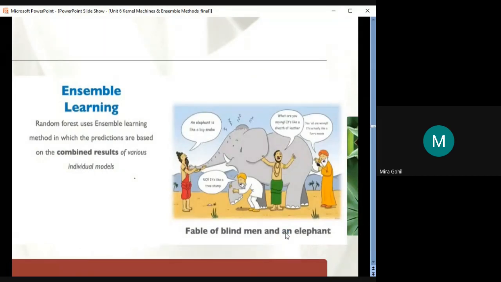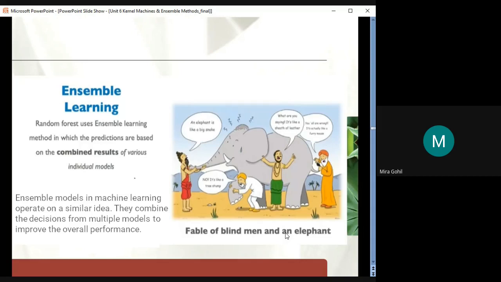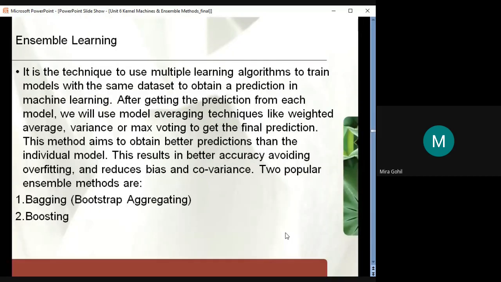We also discussed that different algorithms will see different characteristics of the data, and when we combine them, we will get the full picture of our data set and our problem, and we will get higher accuracy. So that is combining decisions. Now ensemble learning always depends on two things, that is bagging and boosting.